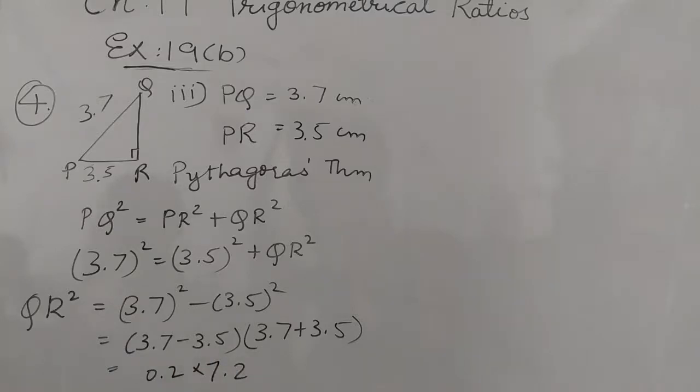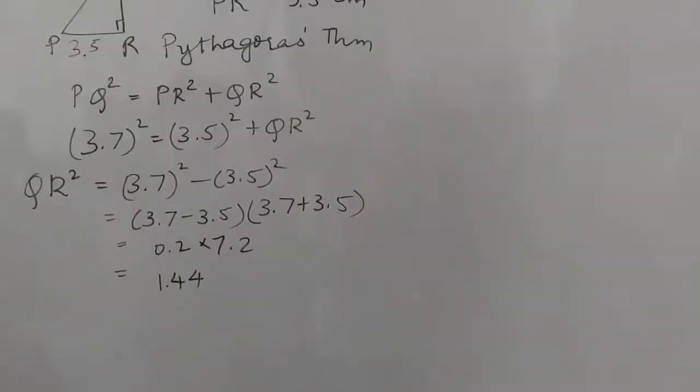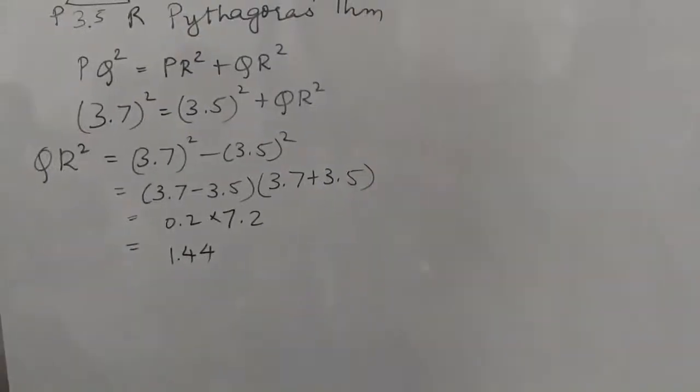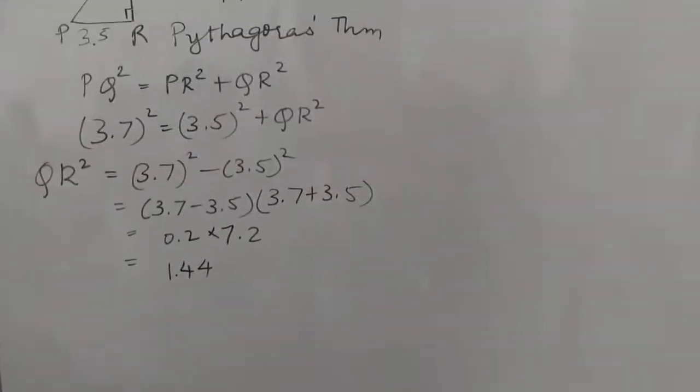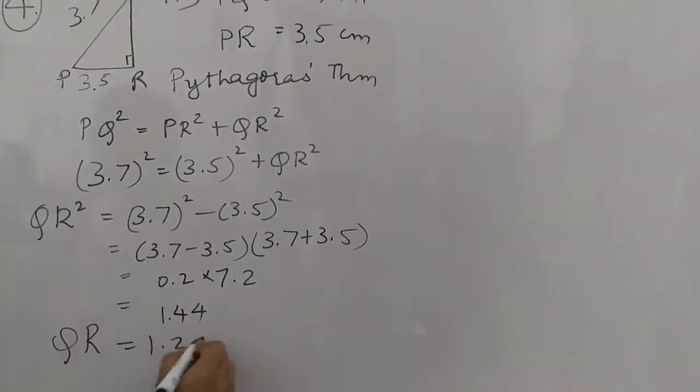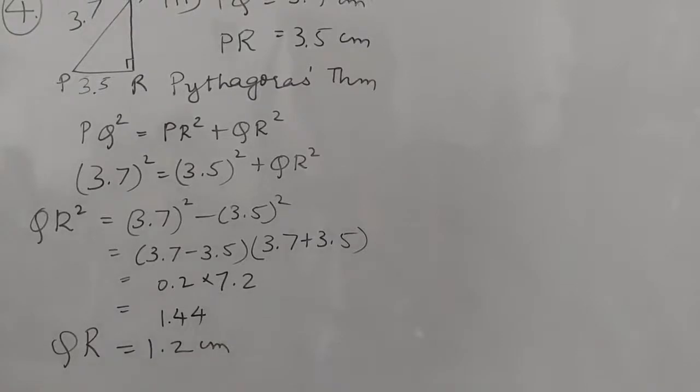So we get 1.44. Now we already know that 144 is the square of 12. So I write the QR value by taking the square root on both sides: 1.2 centimeters. So we get the third side also.